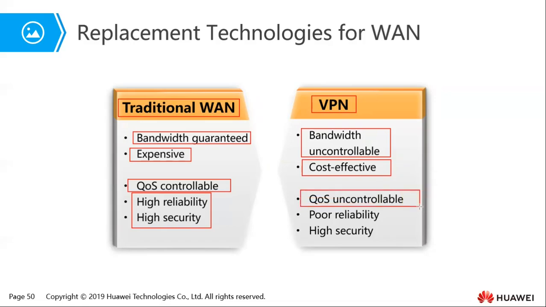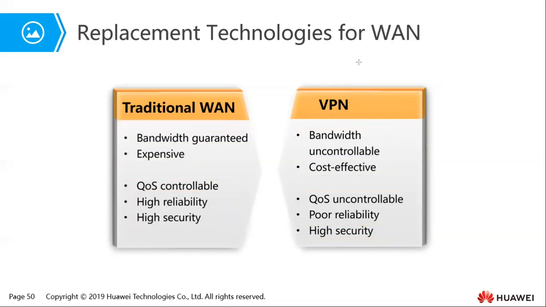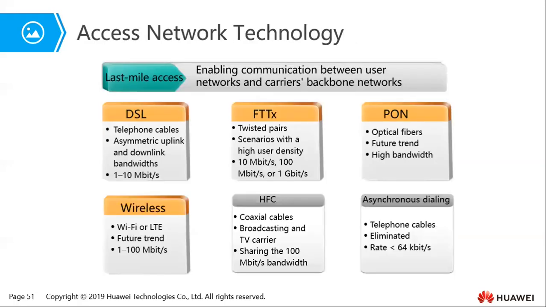But quality of service is not guaranteed. It also has poor reliability, but because it encrypts the packet, then it also offers high security. So most of the time in current networks, we prefer VPN over leased lines especially because of cost.